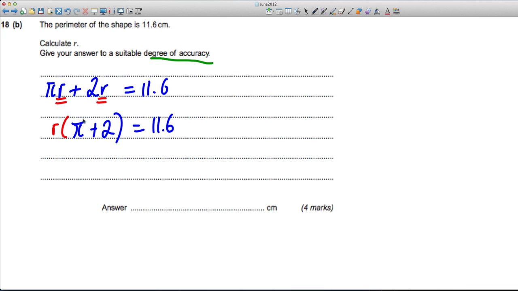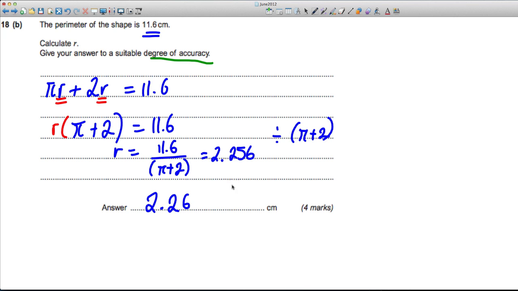Now I could divide both sides by the bracket pi plus 2. So r must be 11.6 divided by pi plus 2. So just type that in your calculator, 11.6 divided by brackets pi plus 2, and you get yourself 2.256. And for an appropriate degree of accuracy, you were given 3 SF there, so you should give your answer to 3 SF, so it would be 2.26, and state you've done it to 3 significant figures.